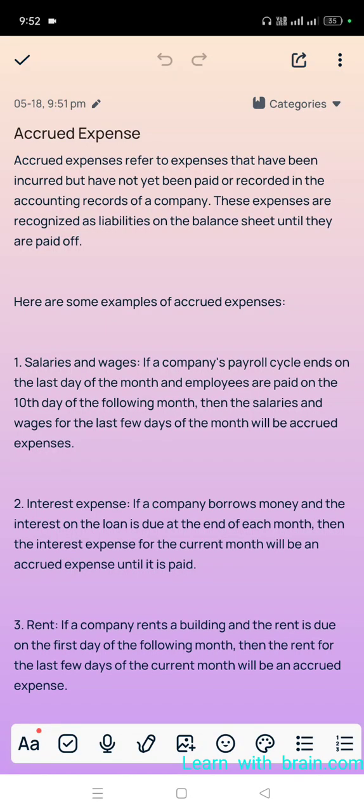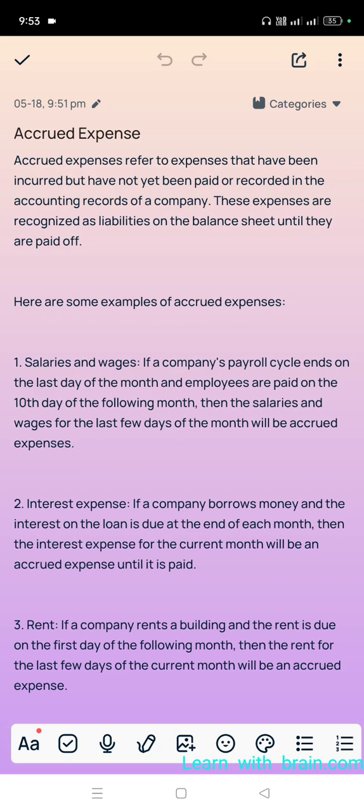Accrued expenses. First of all, we have to understand the meaning of accrued expenses. Accrued expenses refer to expenses that have been incurred but have not yet been paid or recorded in the accounting records of a company. For example, salaries and wages.